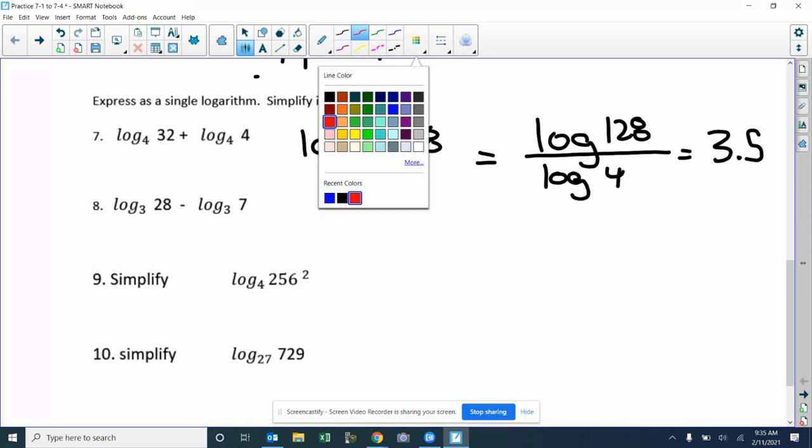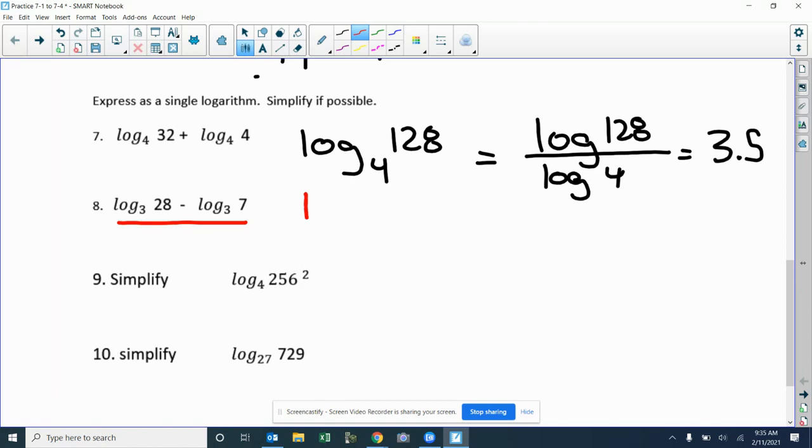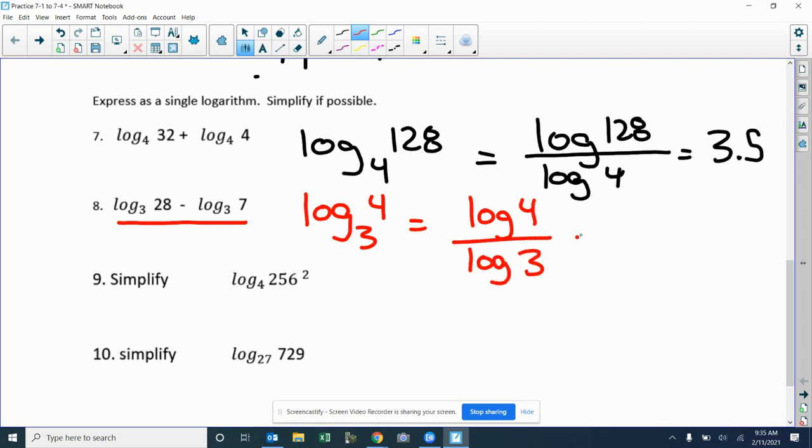Next one's very similar, but it's a minus. How do I write it as 1? Log base 3, 28 divided by 7 would be 4. This is probably going to be an irrational, which is log of 4 divided by log of 3. So I'm going to put a little approximation. I assume somewhere 1 point something.